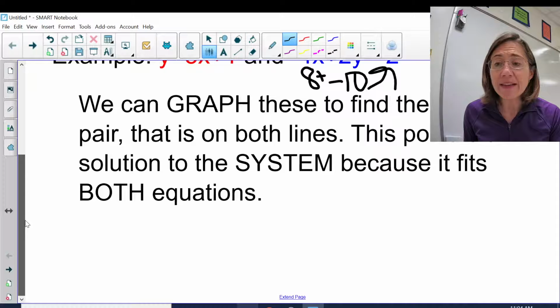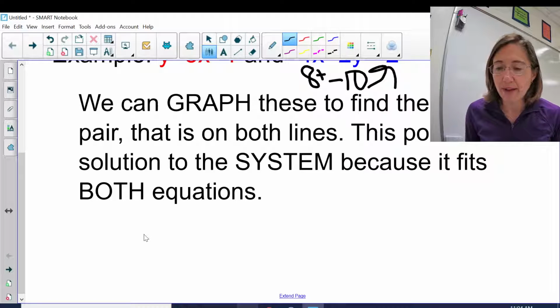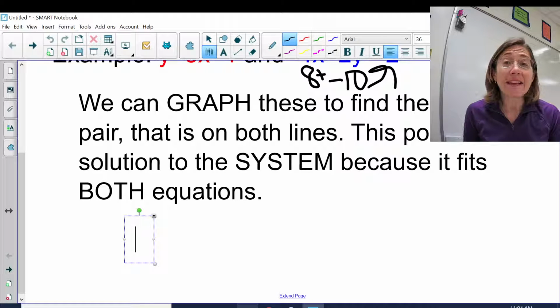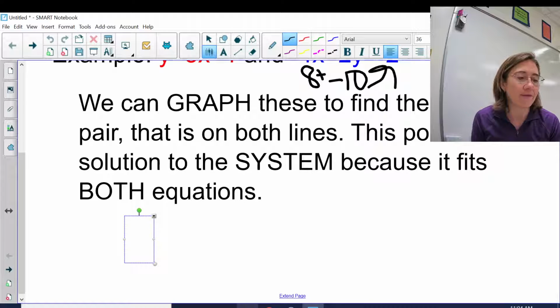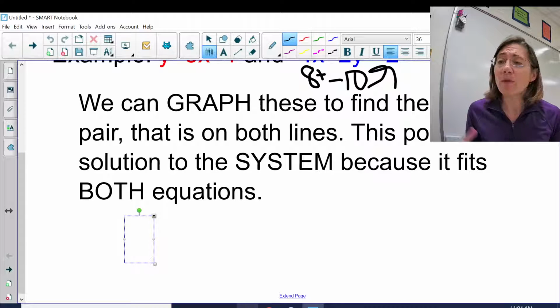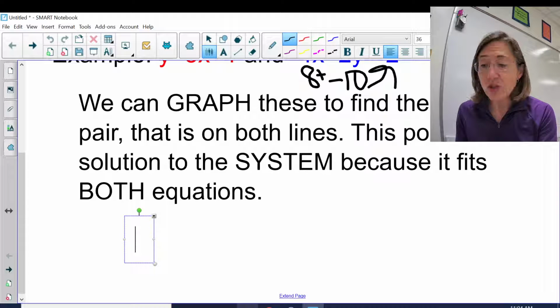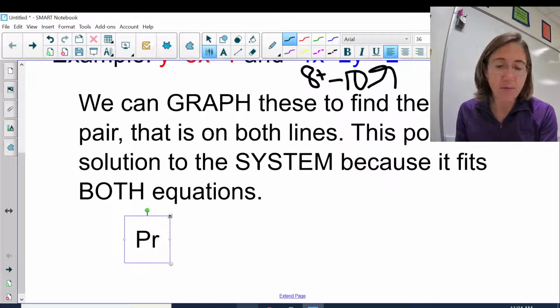Now, there are definitely pros and cons to graphing. So, can you think of any things that are nice about having the graph? So, what was helpful about that? Well, one thing is that it's visual. So we'll put pros here.